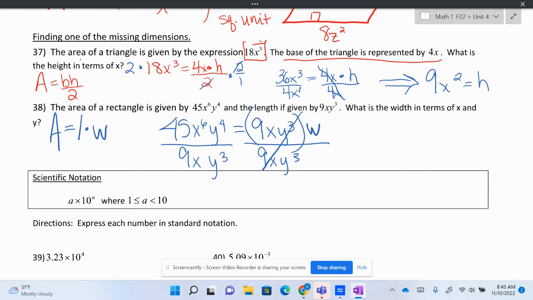So 45 divided by 9 is 5. x to the 6th divided by x to the first. Well, 6 minus 1 is x to the 5th. y to the 4th minus y cubed, or 4 minus 3, is y to the first, or just y. I'm not going to write a 1 there. And that equals my width.